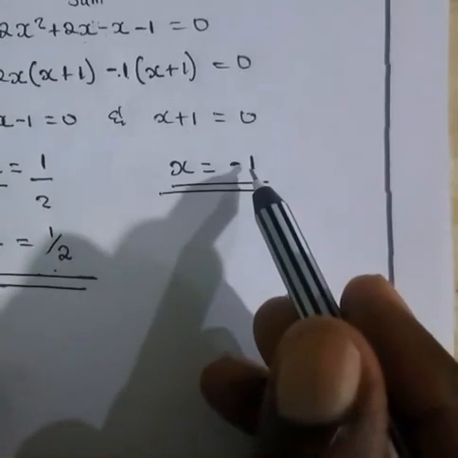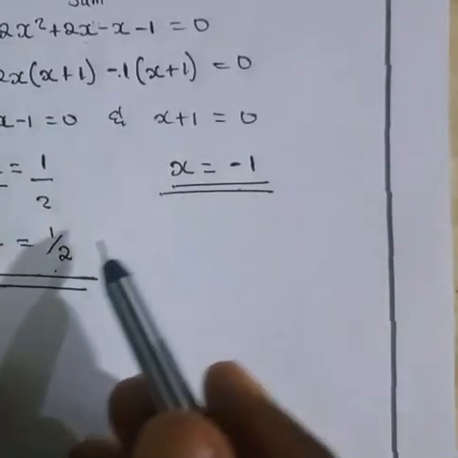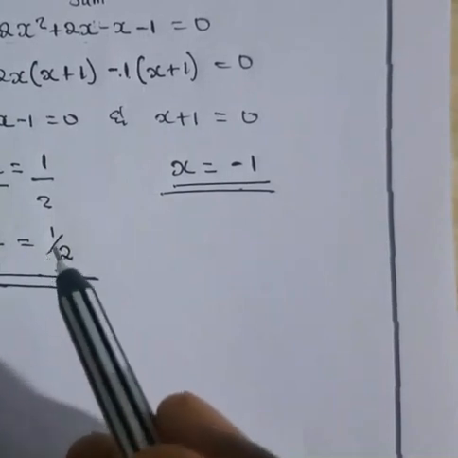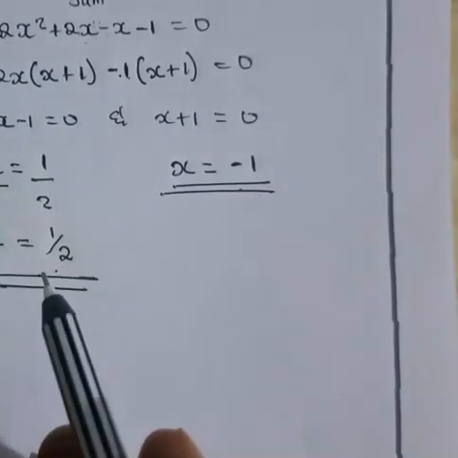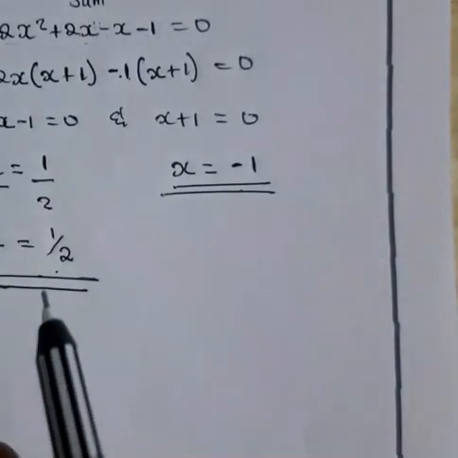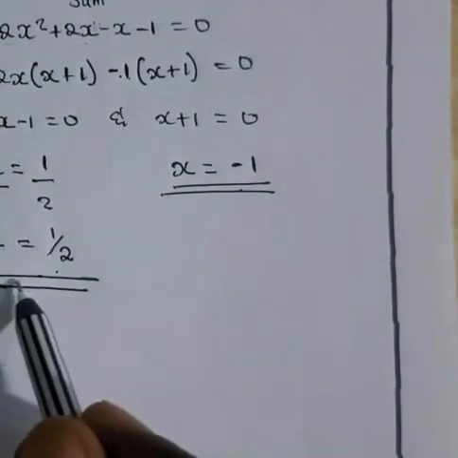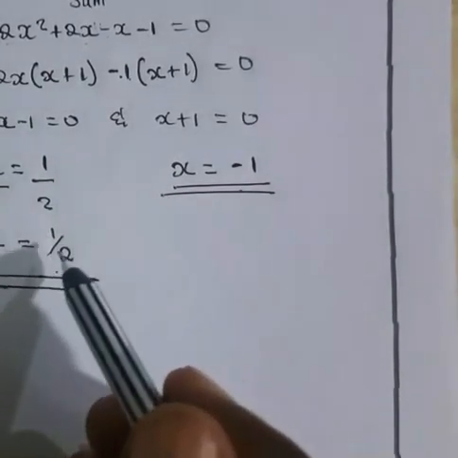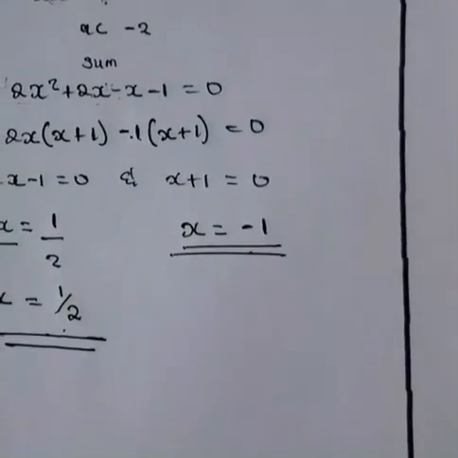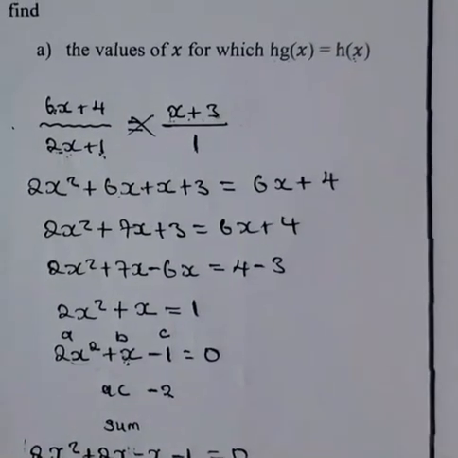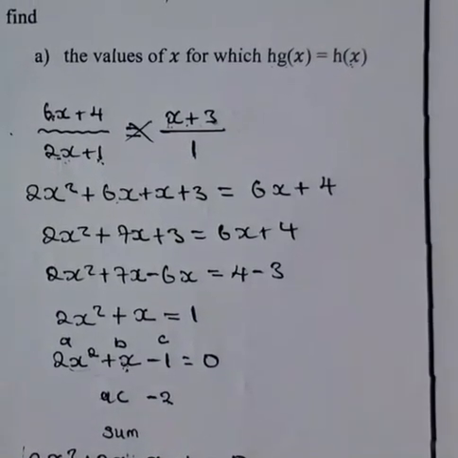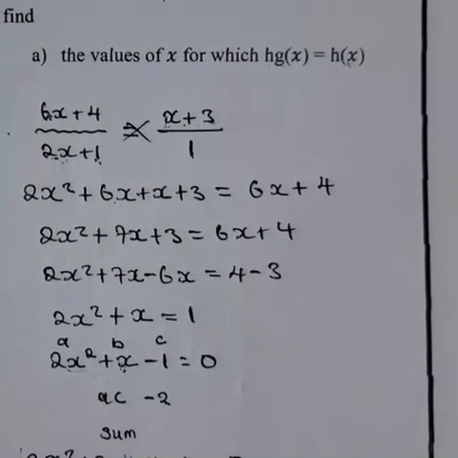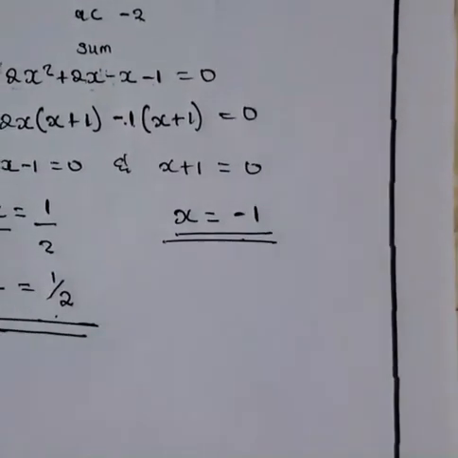We would have just considered this one, because they are saying x shouldn't be negative 1 over 2, and what we found there is x equal to 1 over 2. So these are the values of x which make the function h of g of x equal to the function h of x.